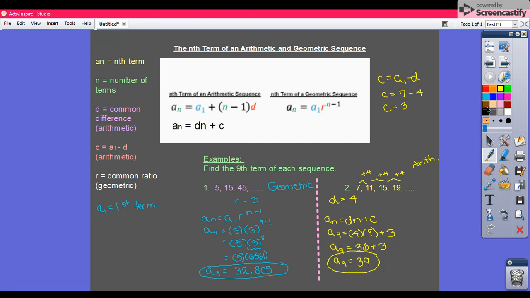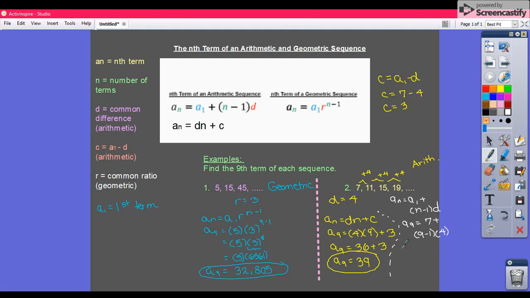And then let's say I were to use the other formula as well. So let's say I were to use a sub n equals a sub 1 plus n minus 1 times d. So, sorry, it's going to get a little cluttered there. a sub n, so again, n is 9, equals a sub 1, which is 7, plus n minus 1, so 9 minus 1, times d, which is 4.